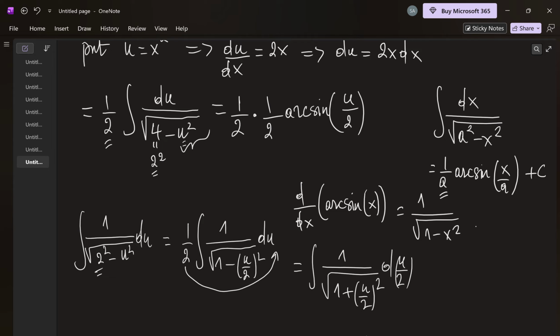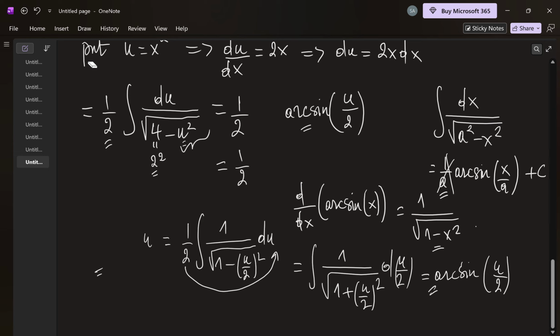And this is exactly this form, so its antiderivative is arc sine u over 2. So there is actually no 1 over 2 in the formula, so this is not correct. So you might delete this part. What remains is only 1 over 2 arc sine u over 2. Now we get back to our solution, so I may delete this, we don't need it. All of this is simply draft.